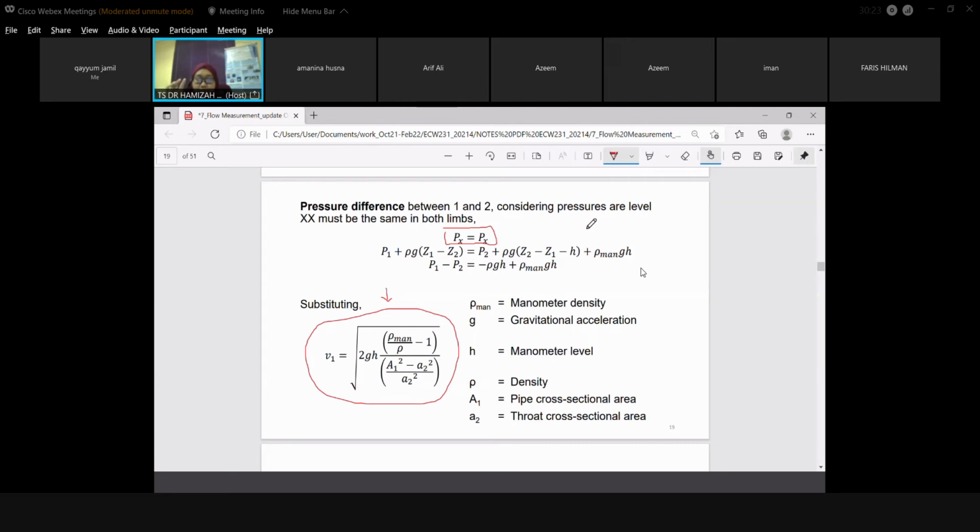For the pitot tube, orifice, and basically the notch also, you use the formula from before, V equals square root 2GH. Only the venturimeter uses this other one. So it's easy to remember because there are only two formulas for flow measurement devices, which are V equals square root 2GH, and also this one for the venturimeter.